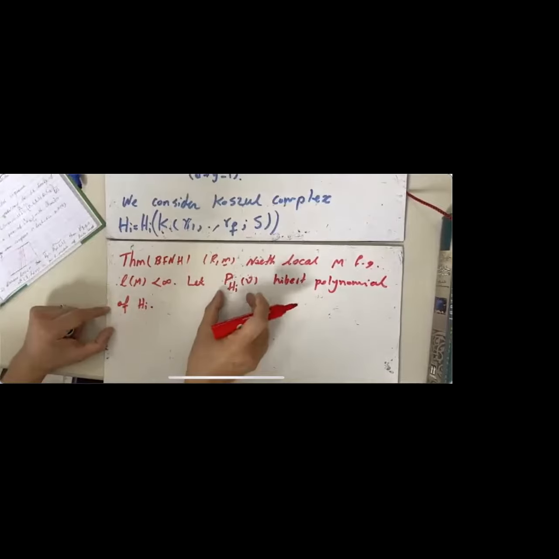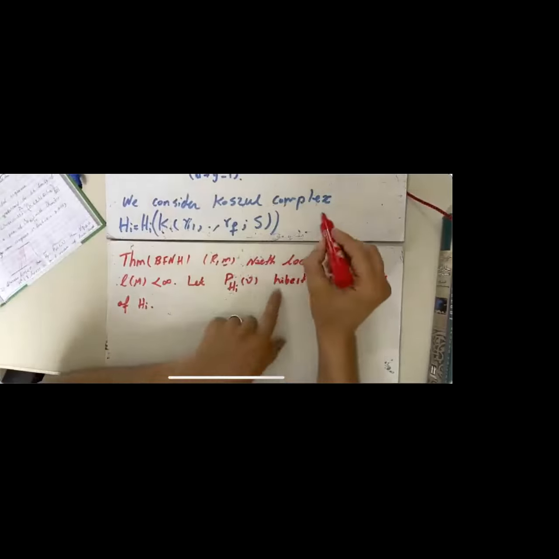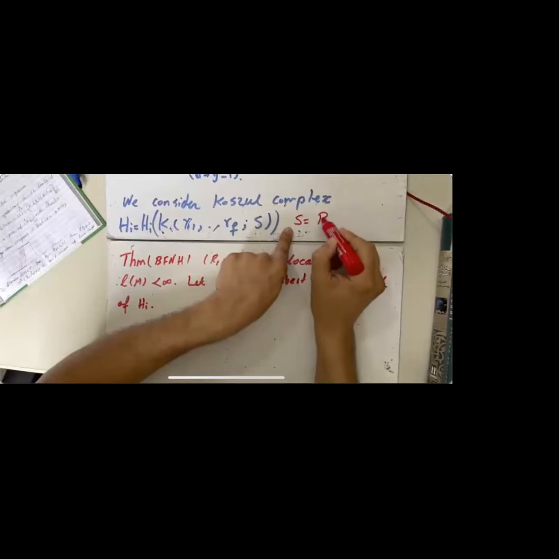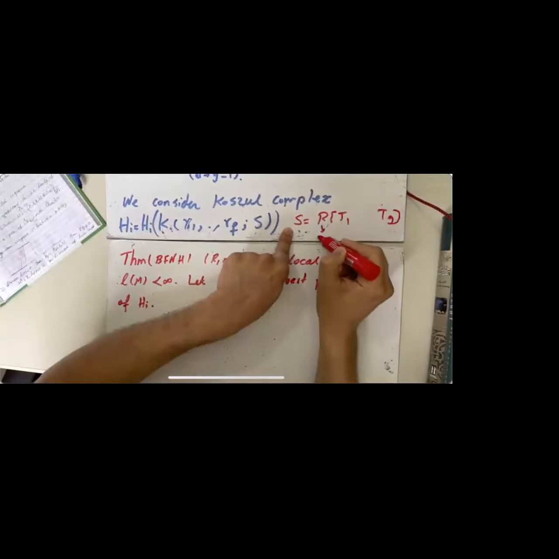So look at the Koszul homology, the Hilbert polynomial of the Koszul homologies. Of course, here we have a natural grading. When you look at S, you have R[T1, ..., Tg]. Then we set R in degree 0 and the T's in degree 1.